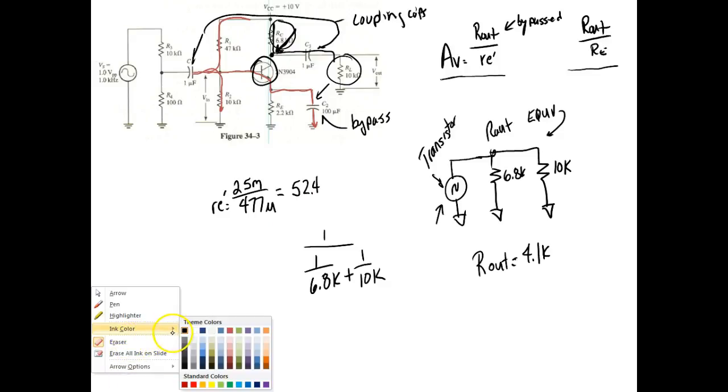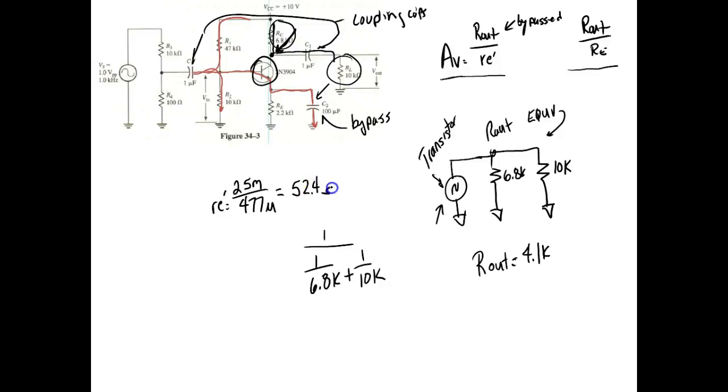Okay, so now we can calculate our anticipated gain. My anticipated gain, AV, would be equal to 4.1K divided by 52.4. So what's my calculated gain?